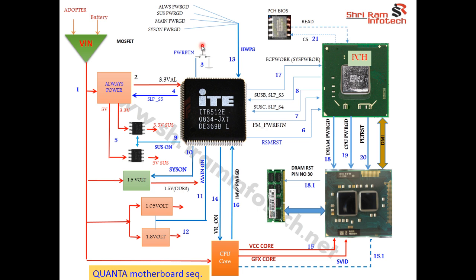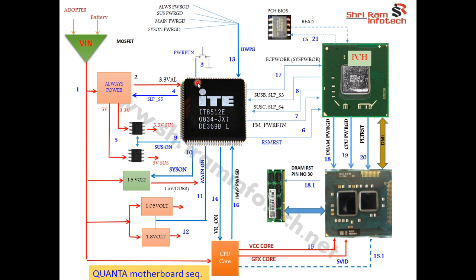As soon as I press the power button and release it, a 3 volt pulse is generated, and it goes to the SIO. This pin is called the power button, NBSWON, power on, like that. You can see it in the schematic also; I'll show you in the schematic. So the pulse will be generated at this point.